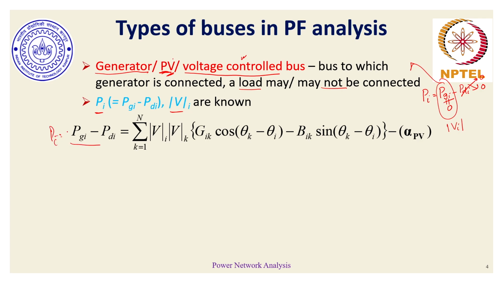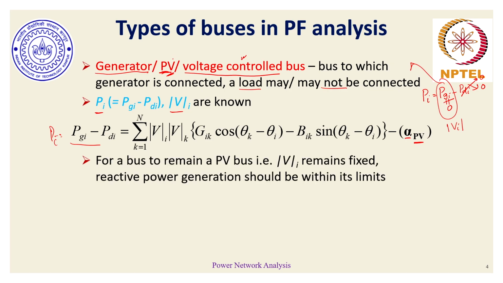So we have the alpha equation, which is the real power equation, and subscript PV essentially means that it is referring to the PV bus. For a bus to remain a PV bus, the voltage magnitude should remain fixed. That means the reactive power generation should be within its limit.